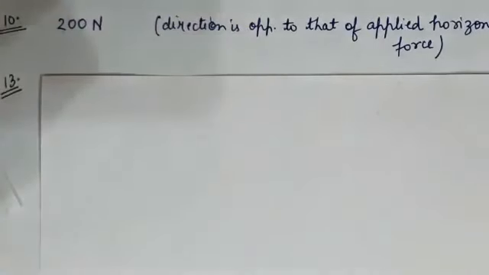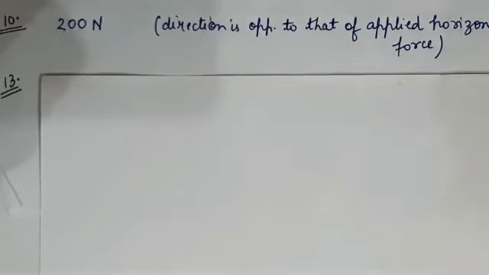Coming to the next question, question number 13. A hockey ball of mass 200 gram traveling at 10 meter per second is struck by a hockey stick so as to return it along its original path with a velocity of 5 meter per second.